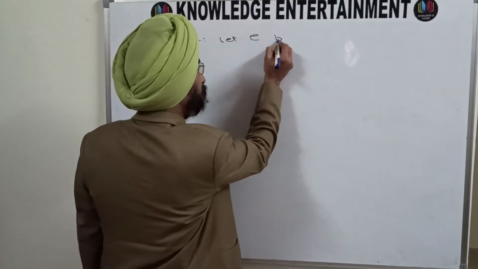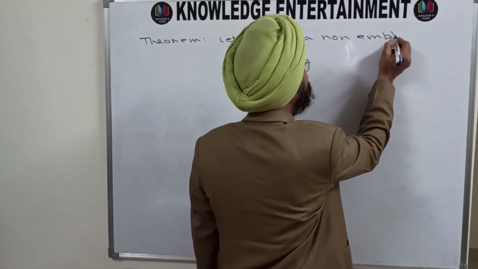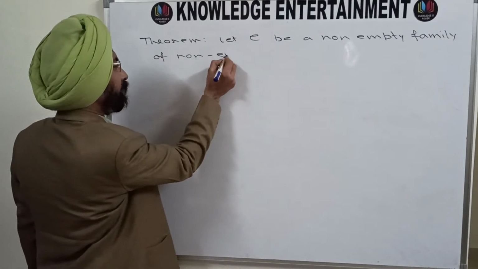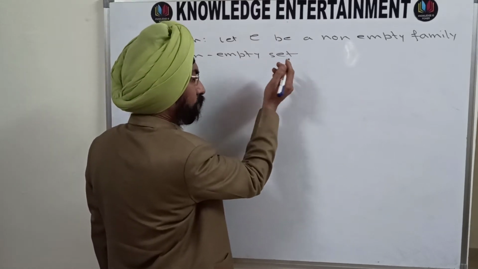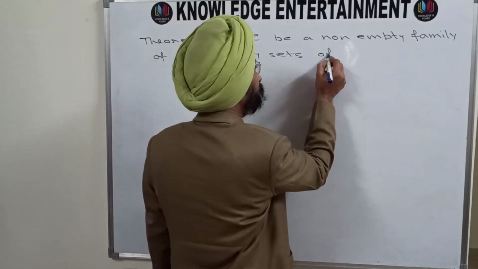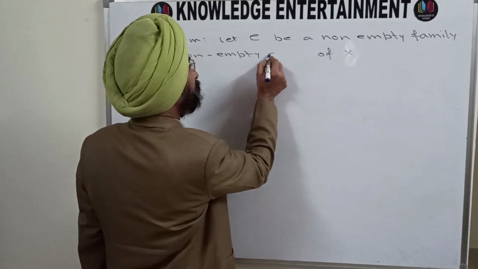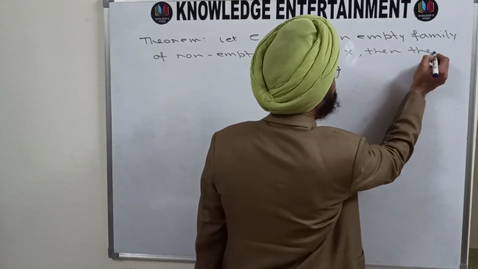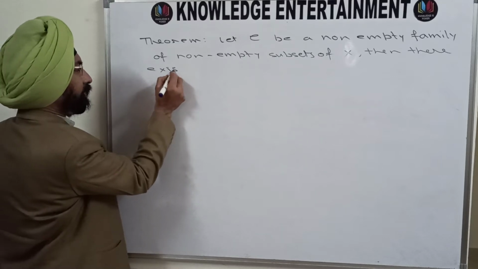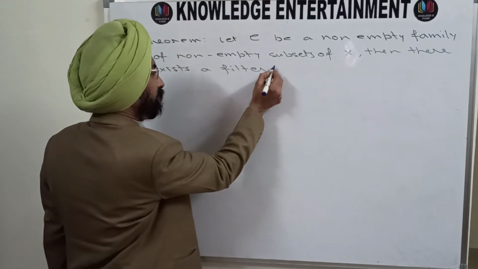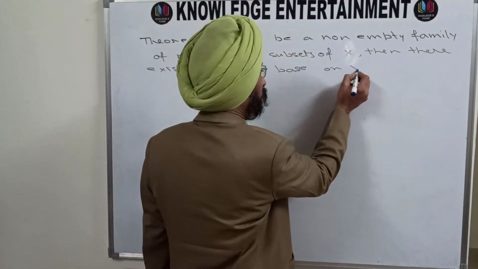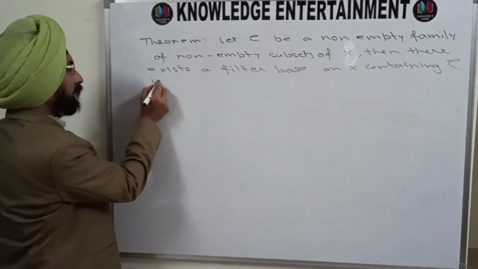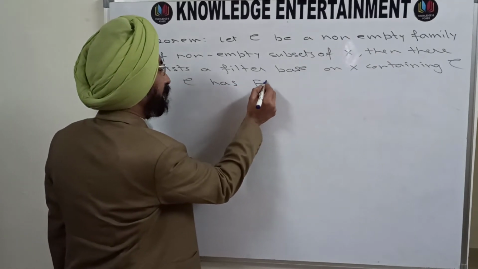Let C be a non-empty family of non-empty subsets of X, better you say non-empty subsets of X. Then there exists a filter base on X containing that family C if and only if C has the finite intersection property.